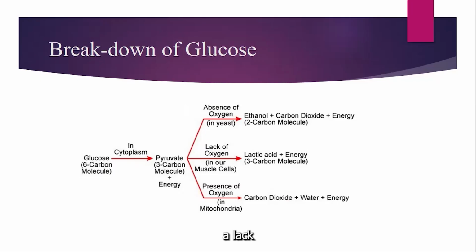Sometimes when there is a lack of oxygen in our muscle cells, another pathway for the breakdown of pyruvate is taken. Here, pyruvate is converted into lactic acid, which is also a 3-carbon molecule. This buildup of lactic acid in our muscles during sudden activity causes cramps.